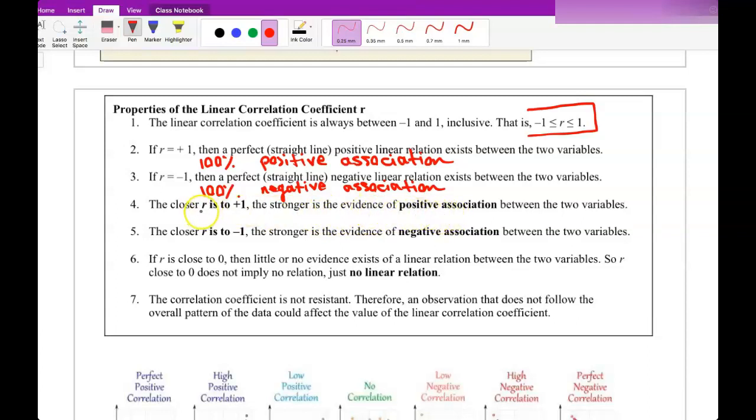So if R is closer to +1, that means we are closer to 100%. For example, you may have 90%. And then number 5, the closer R is to -1 with negative slope, the stronger the evidence of negative association.